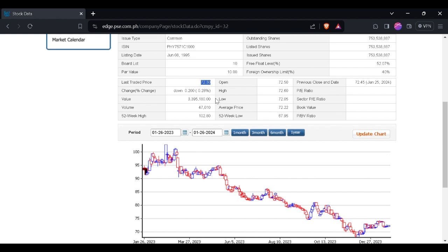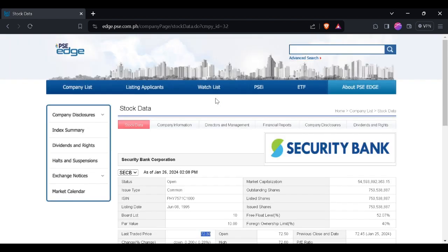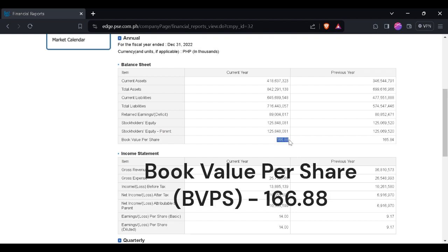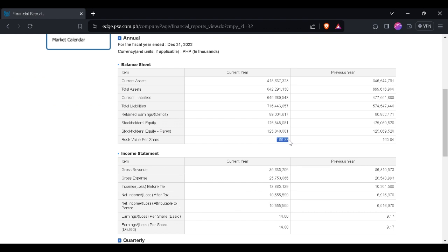And let's go to the financial reports and get the current annual year book value, which is 166.88 pesos.